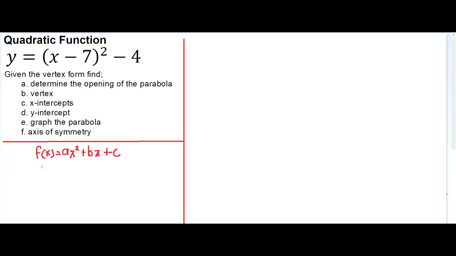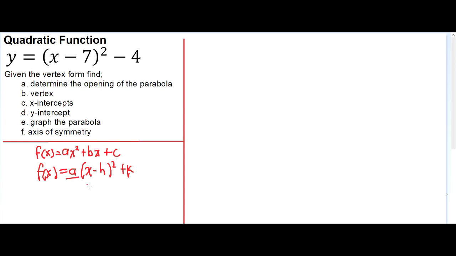Wherein ang vertex form is f of x is equal to a times the quantity of x minus h squared plus k. If you read yung effects ng vertex form, yung A, H, tsaka K, ang sabi doon sa letter A, it determines the opening of the parabola. So, yung letter A ang magdedetermine ng opening.